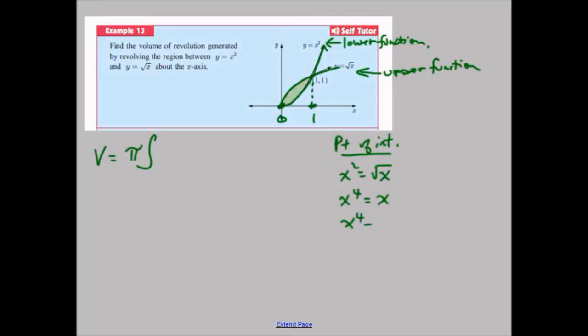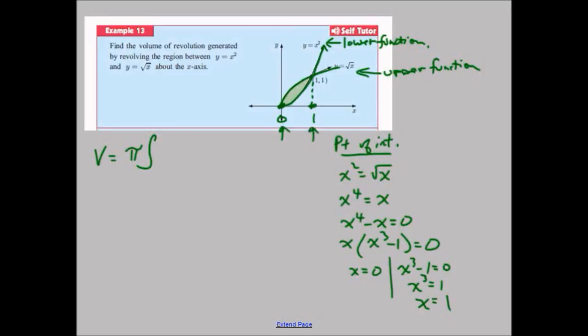So x to the 4th, subtract x equals 0. So x equals 0, and x cubed minus 1 equals 0, so x equals 1. Has to be positive 1. So there are our points of intersection, 0 and 1. That's where the limits of our integral are, from 0 to 1.